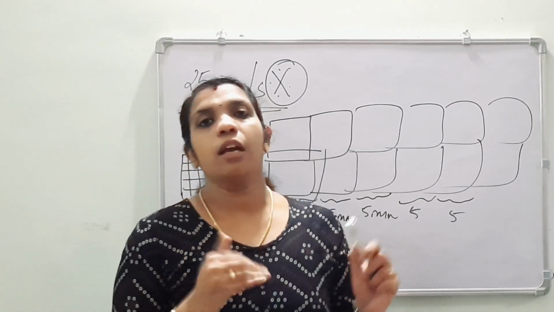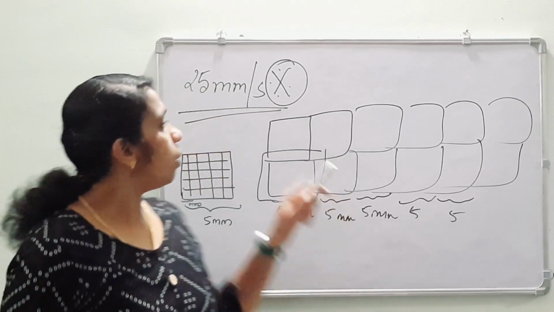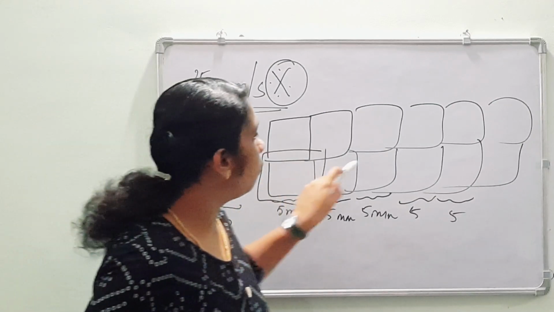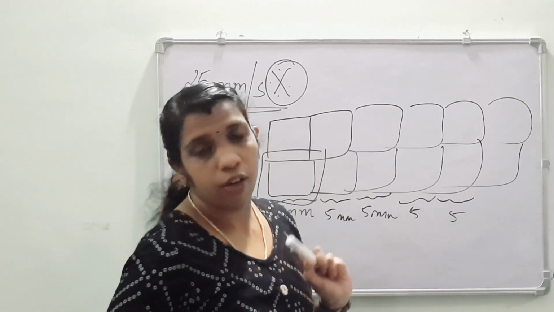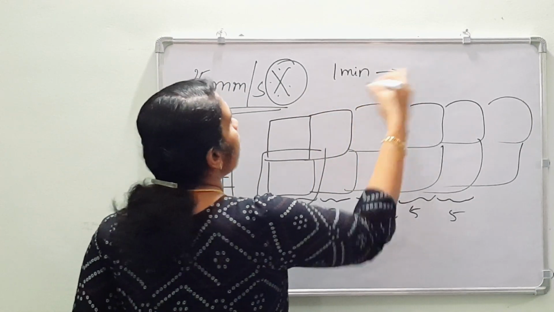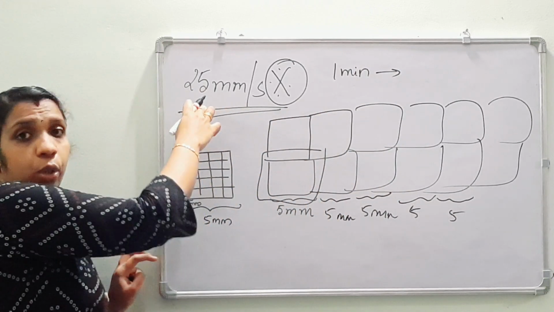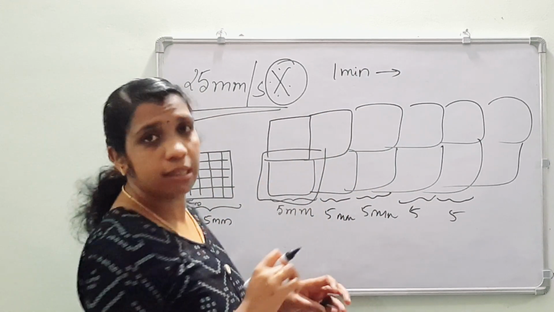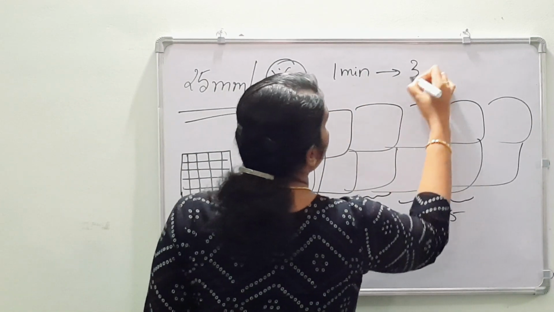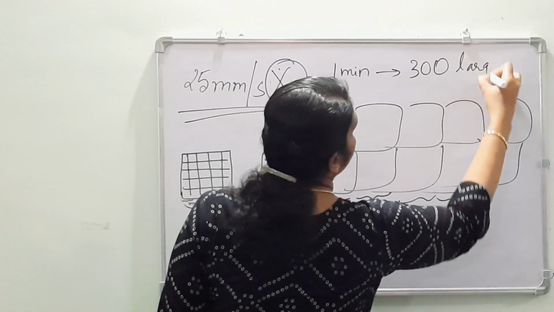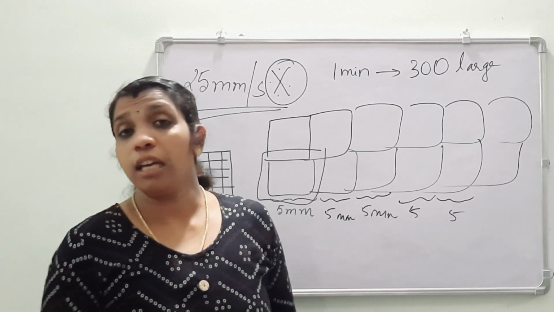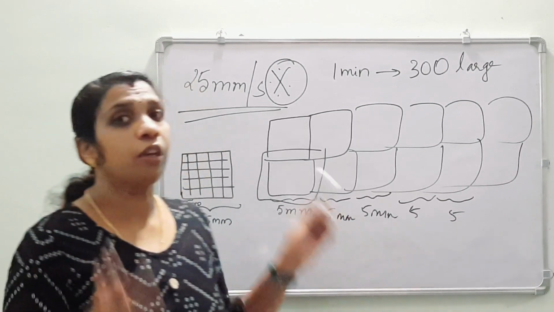Now, we will see the time. In 1 second it will be covering 25 millimeter, that is 5 large squares. So what about 1 minute? In 1 second it is covering 25 millimeter, and there are 60 seconds in a minute. So in 1 minute it will be covering 300 large squares. This is very important in relation to heart rate, rhythm, etc. while reading ECG.